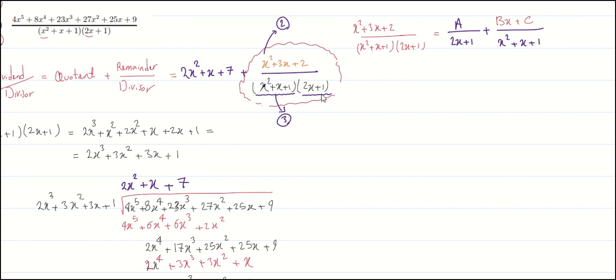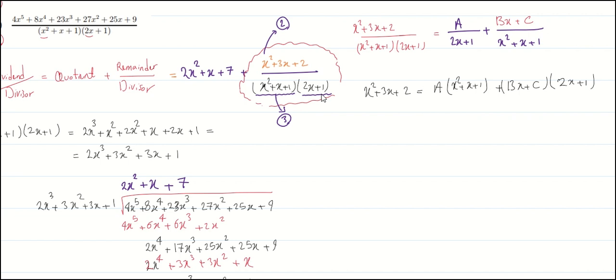Then we have to multiply both sides by the common denominator to get rid of the denominators. So we multiply both sides by x squared plus x plus 1 times 2x plus 1. We would have x squared plus 3x plus 2 equal to A times x squared plus x plus 1, plus Bx plus C in brackets times 2x plus 1.